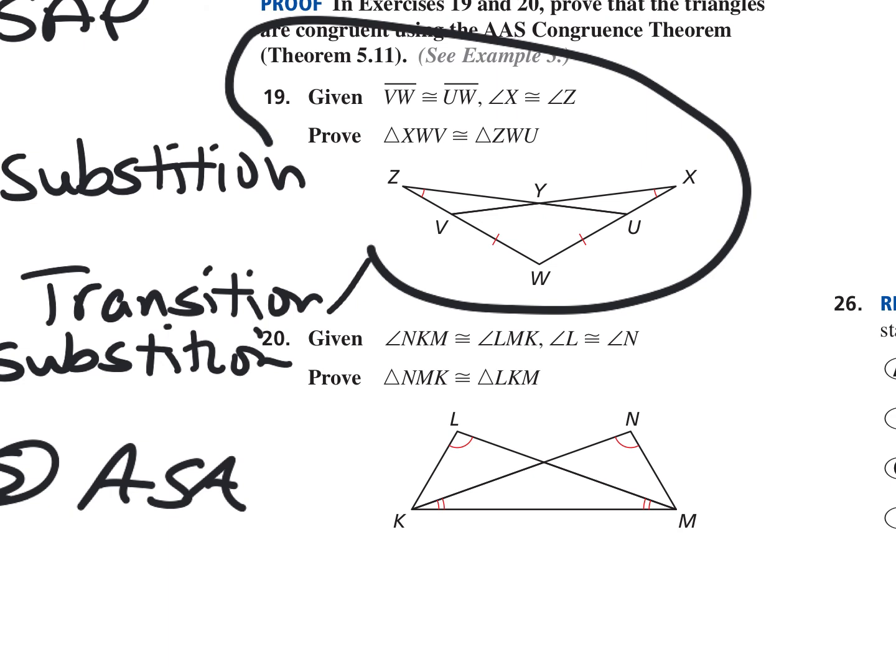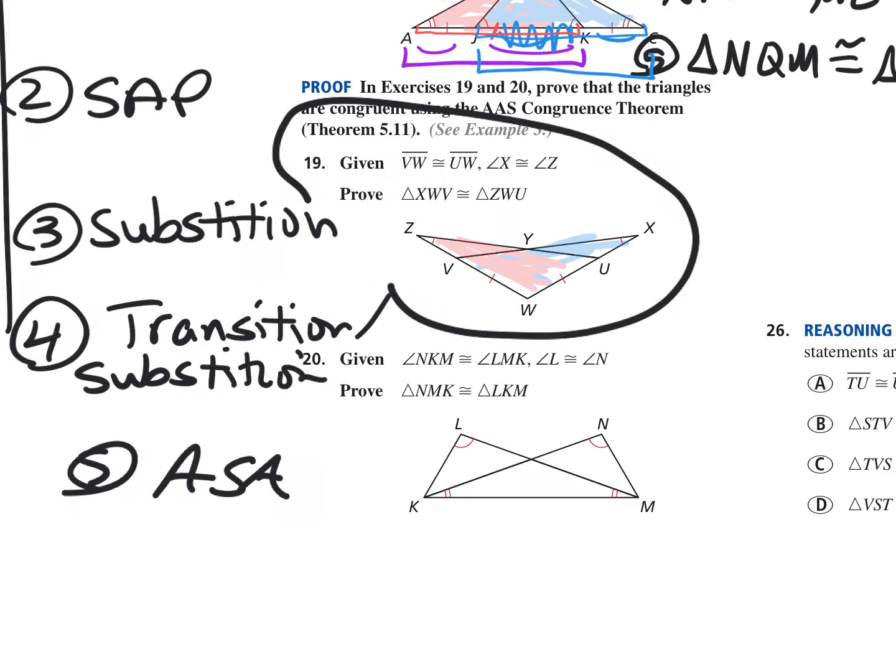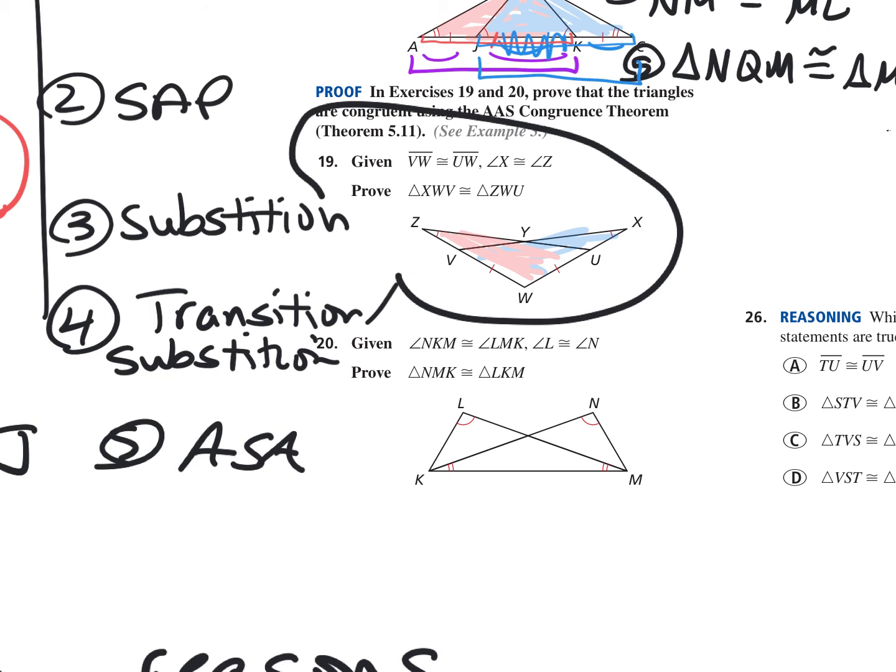Okay, so the two triangles, and again, I know it's fuzzy, that you're asked to prove congruent are XWV, so this one right here, maybe I'll do it in highlight. This one compared to ZWU, which is this one. So let's go see what we got.